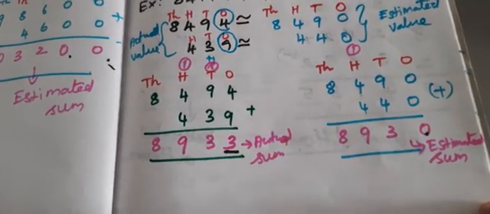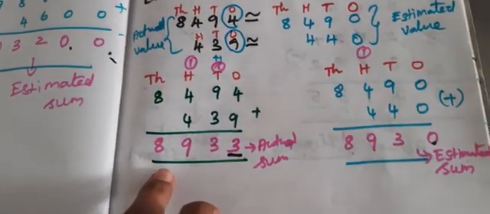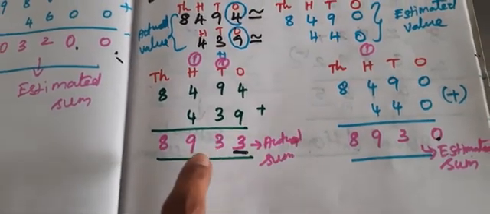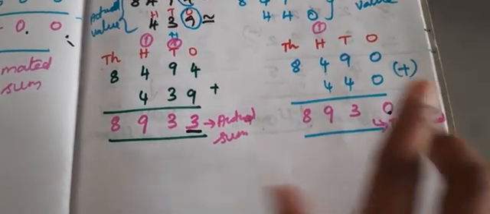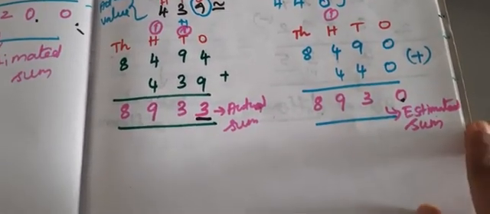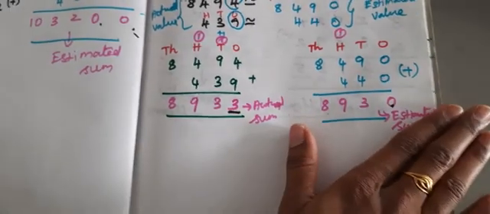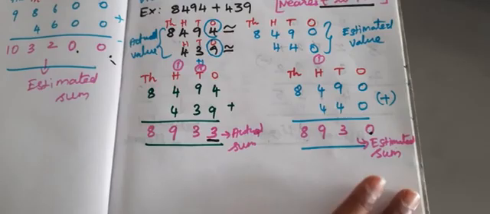The last step is to verify the answer. We apply the nearest to tens concept on the actual sum, then you will get the estimated sum. If you get the same answer, your sum is correct, or else it is wrong. Then you have to check again where you made the mistake.